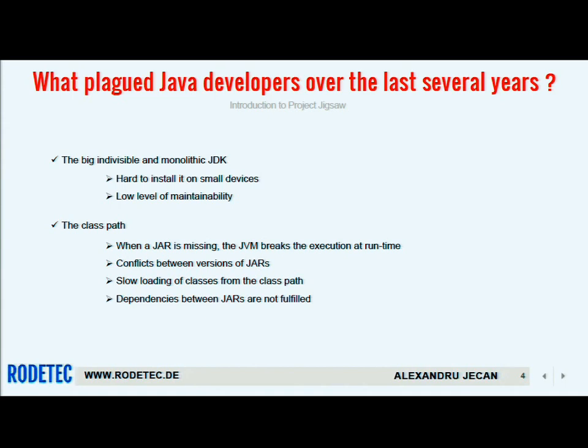The JDK now has about 60 megabytes, and you can't split it because you have a lot of dependencies, and it's difficult for small and embedded devices to install it and make it work due to its complexity.